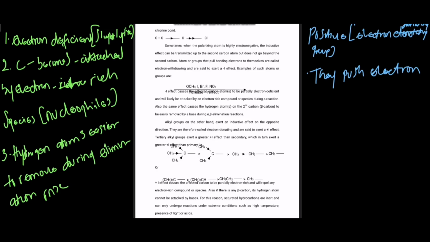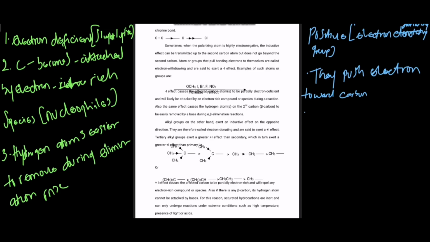Please take note of this: they push electrons towards carbon. They are called the electron donating group since they push electrons towards carbon, and also they show a positive inductive effect.